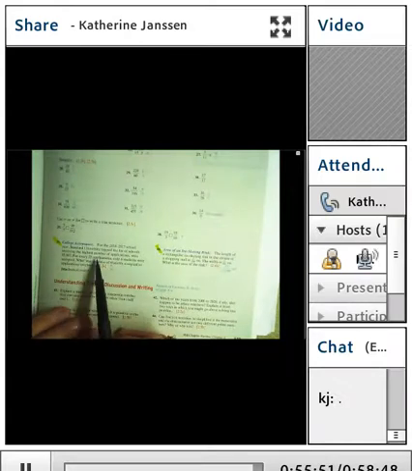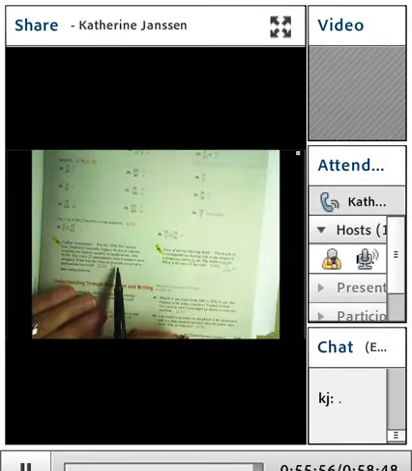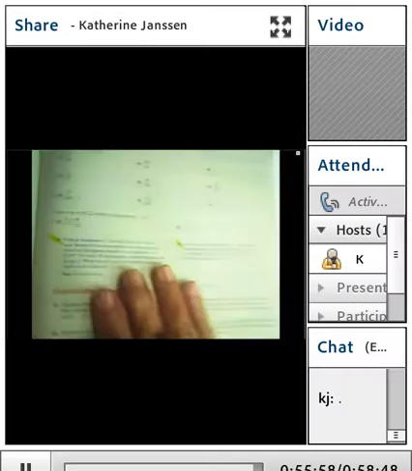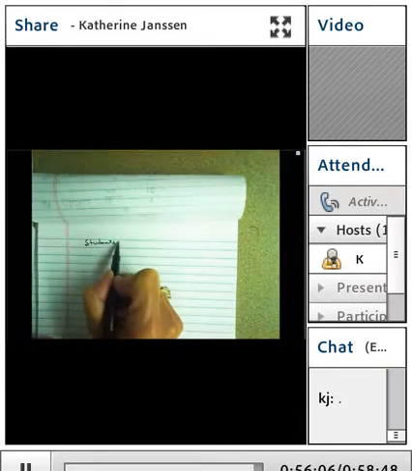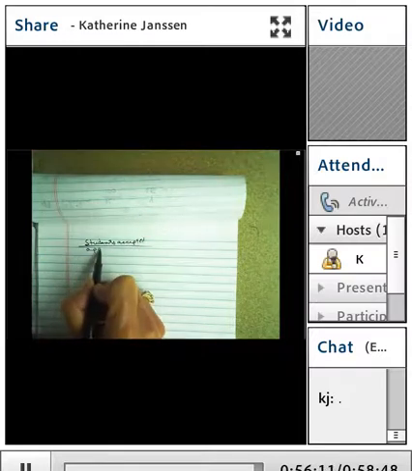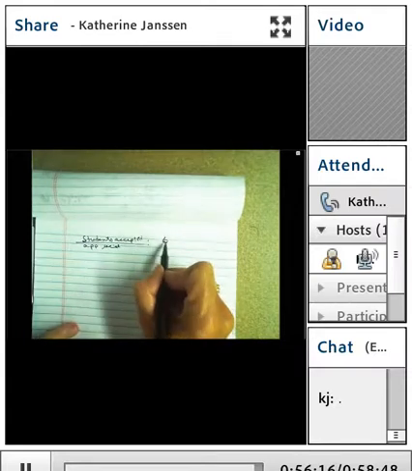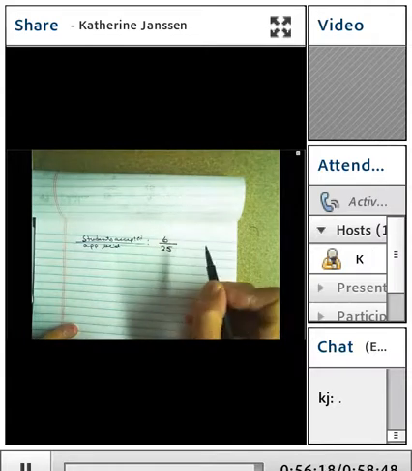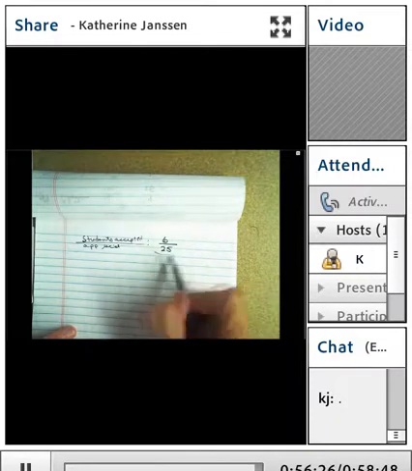We're looking for the ratio of students accepted to applications received. Well, students accepted were 6 out of every 25 applications. So the ratio of students accepted to applications is 6 to 25, and I cannot simplify that any further.